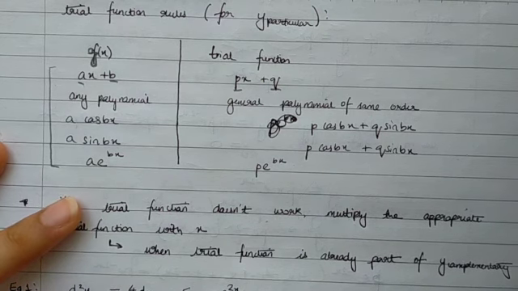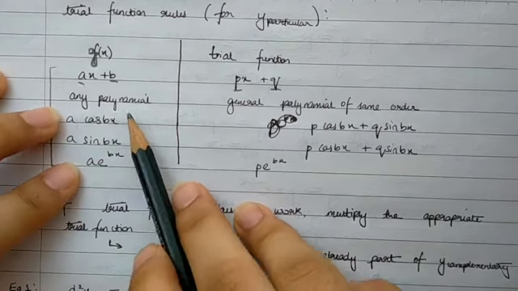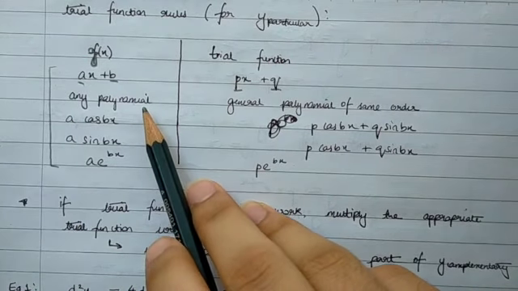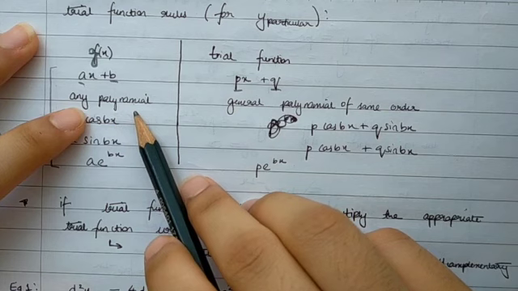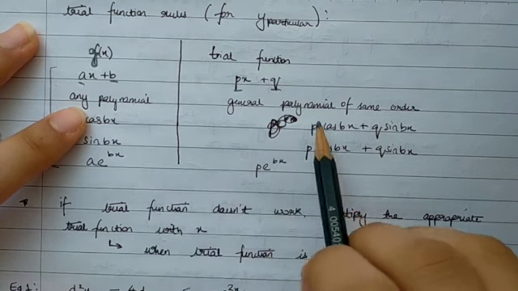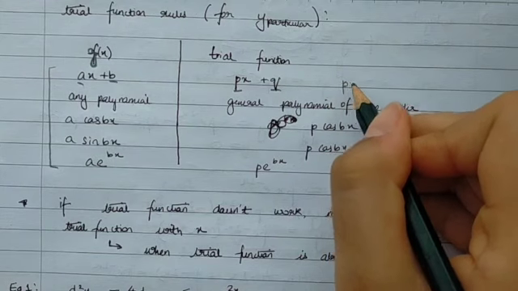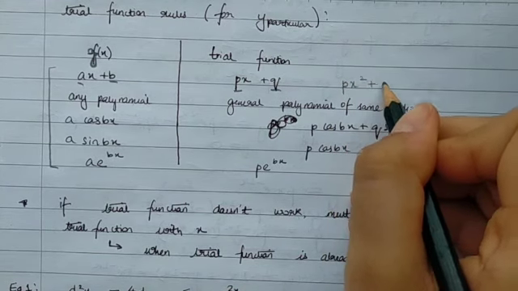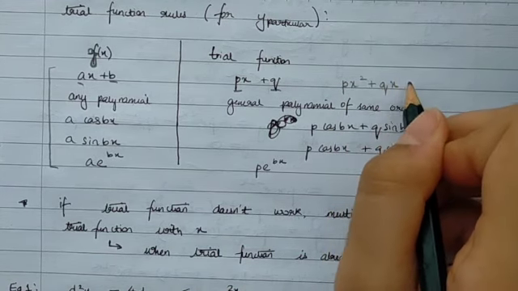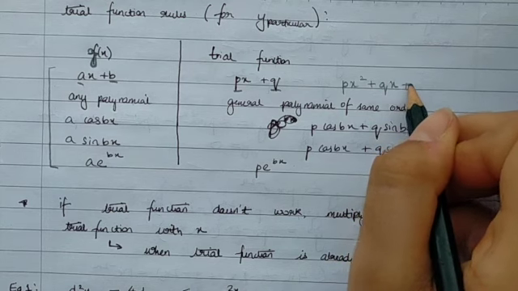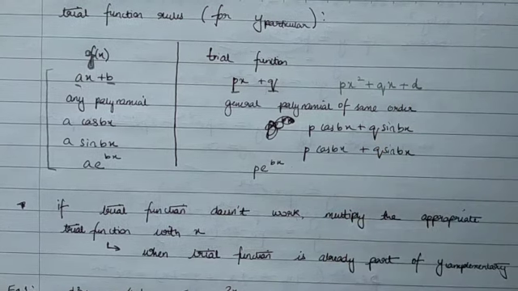I will give you an example after this, just to make it clear. This also applies for any other polynomial: the general polynomial of the same order will be your trial function. For example, if it was a quadratic, then it would be p x squared plus qx plus, I don't know, d, any other constant.